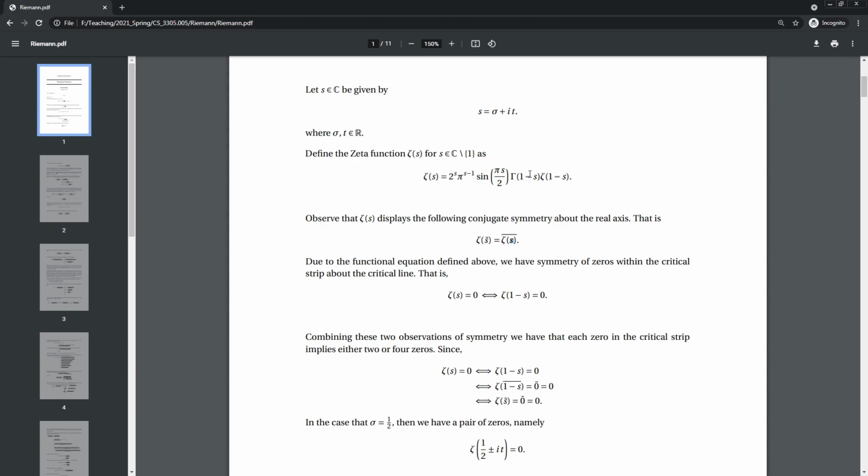So from the functional equation above, we have this symmetry of zeros within the critical strip, and that symmetry occurs about the critical line. That is when sigma is equal to 1/2.